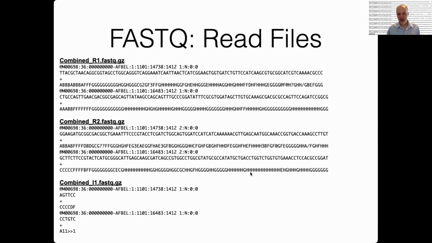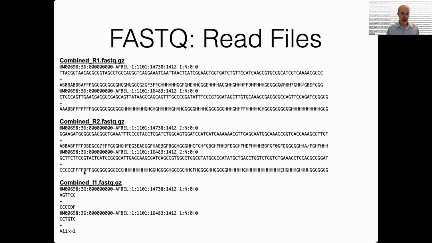G and H, there is an ordering: H is higher quality than G, F is lower quality than G, E is lower quality than F. It is actually fairly consistent across here.